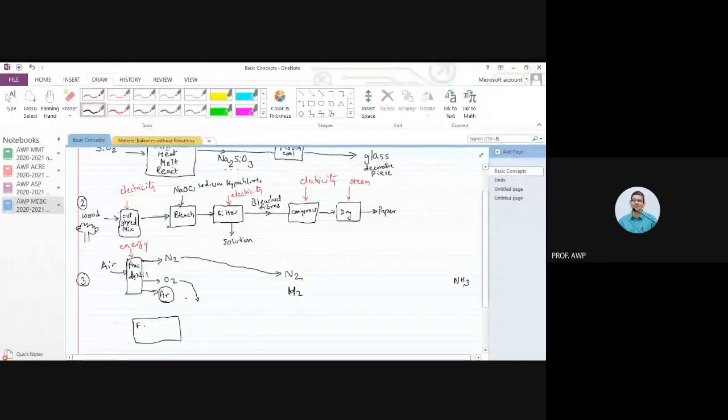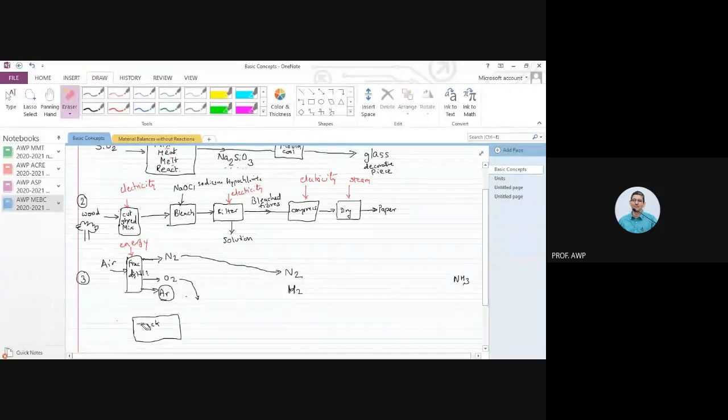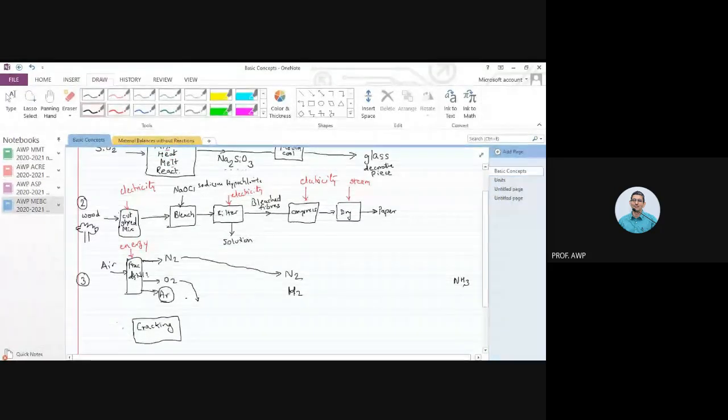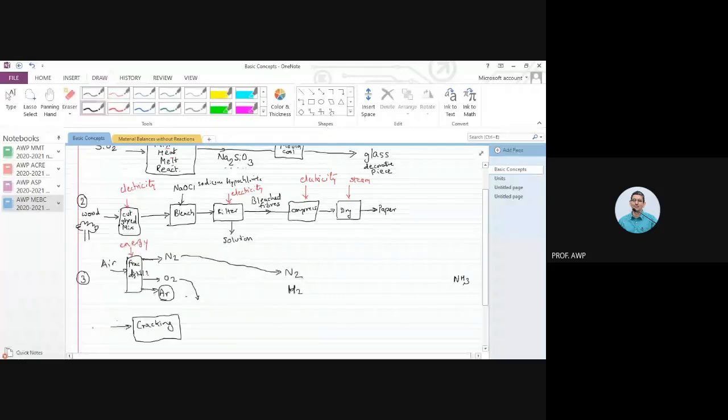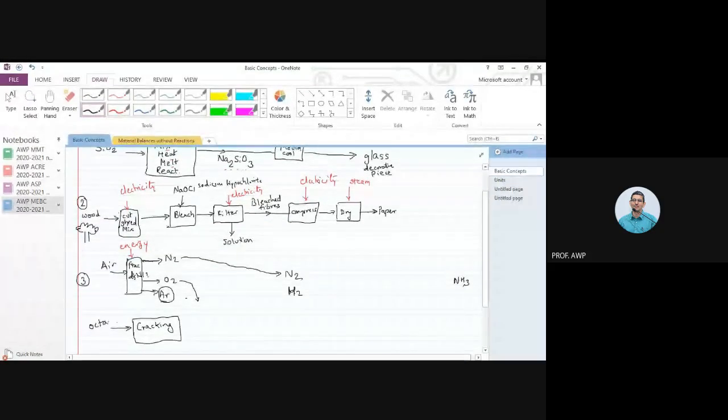Cracking. Okay, cracking of alkanes. Which alkane? Long chain alkanes. Tell me a name. Octane, nonane. Okay, octane you crack.